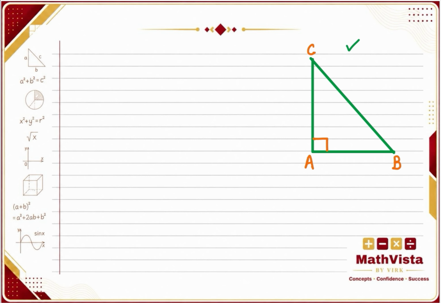A right angle triangle has one fixed angle at 90 degrees, and this fixed angle gives us a consistent relationship between the remaining two acute angles, angle B and angle C, and the three sides of this triangle. Because of that, we can define ratios in a simple and reliable way.